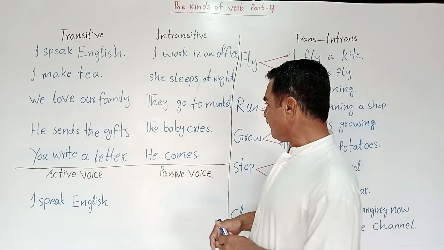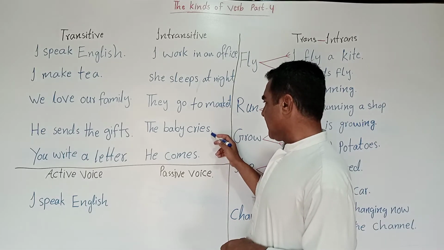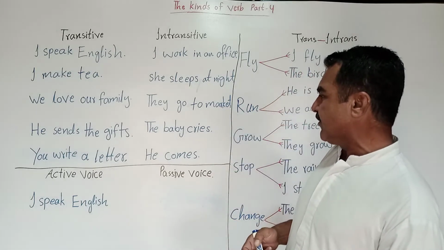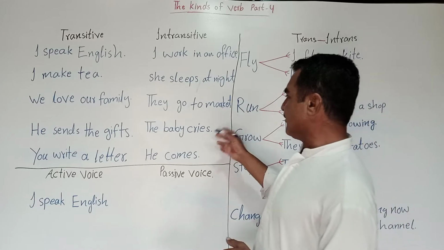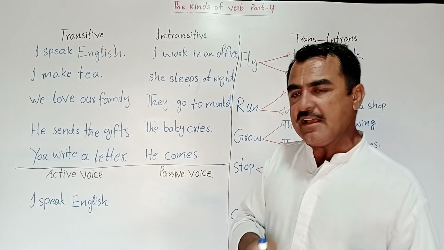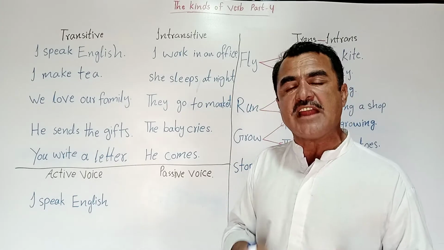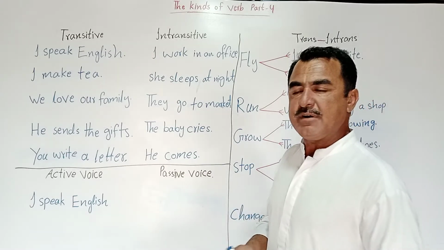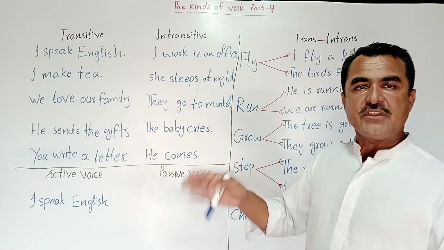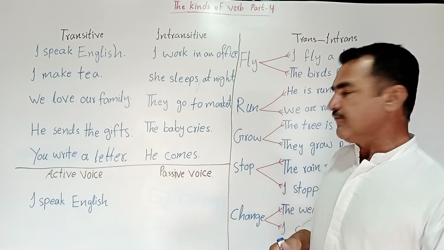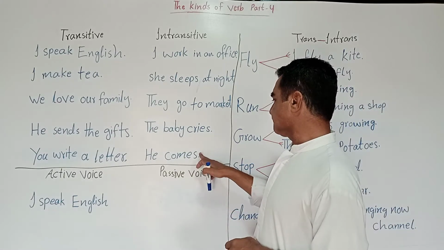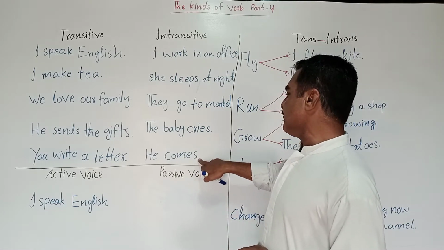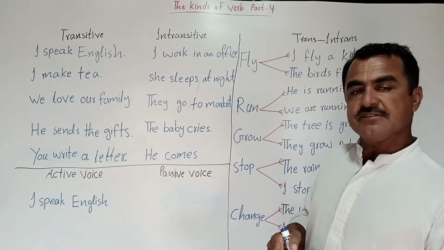Or simply you say the baby is crying for the milk, or the baby cries for the milk. But all those objects will be for prepositions, not for the verbs. Here if you want to add something, he comes.